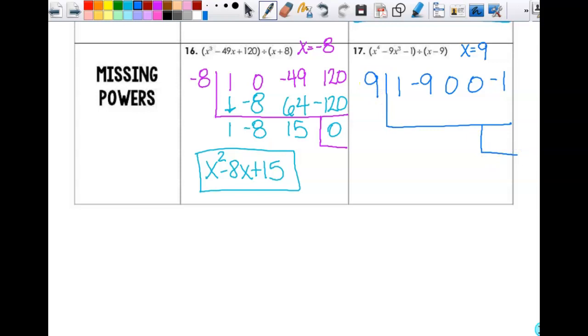Okay, so double check, make sure you agree with me before you move on. I'm missing the x squared term and the x term, so I have to put 2 zeros in there, all right? So if you're good with that, once you have that right, go ahead and divide and see if you can come up with your answer.